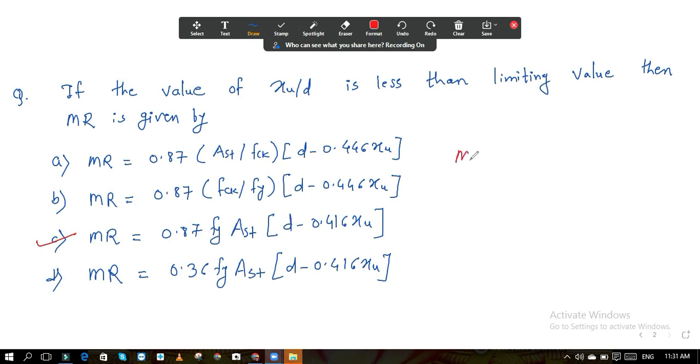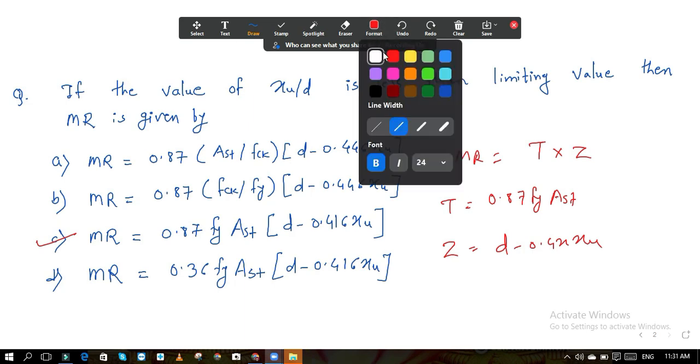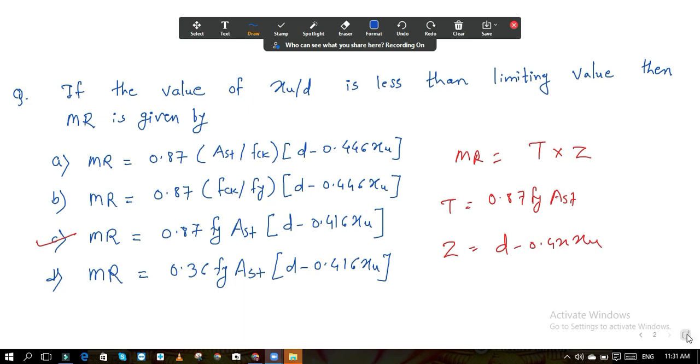So MR is basically T into Z when XU is less than XU max. Here T is nothing but 0.87 Fy AST. This is your value of T. And Z is D minus 0.42 XU. This is your Z. So 0.42 means 0.416. Okay. So this is the answer of this question. Good. And now we will take the next question.